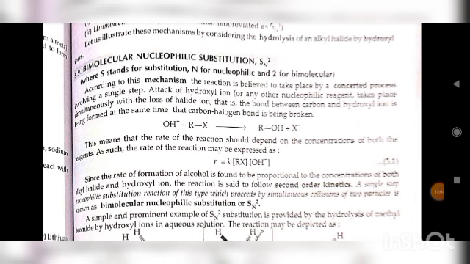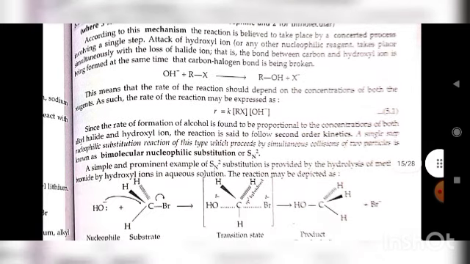Attack of hydroxyl ion or any other nucleophilic reagent takes place simultaneously with the loss of halide ion, that is, the bond between carbon and hydroxyl ion is being formed at the same time the carbon-halogen bond is being broken. This means that the rate of reaction should depend on the concentration of both the reagents. As such, the rate of reaction may be expressed as rate = k [RX][OH negative].